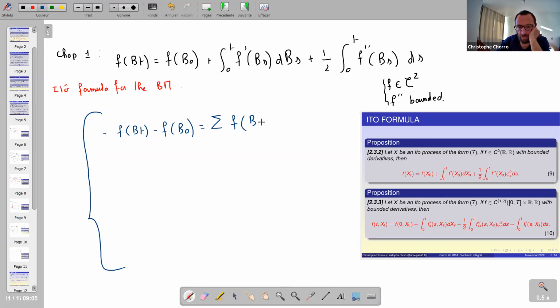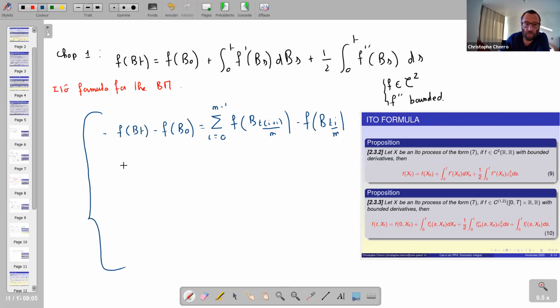I can write them this way: f of B at t(i+1)/n minus f of B at ti/n, from i equal to 0 to n minus 1. So I express this difference using this sum of increments over intervals of size t over n.